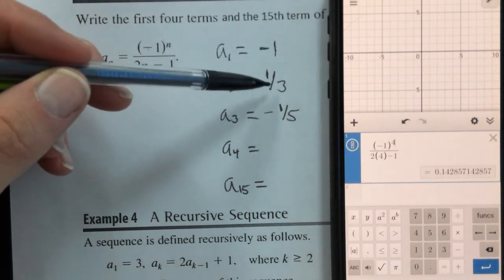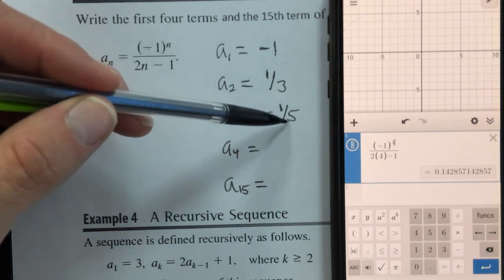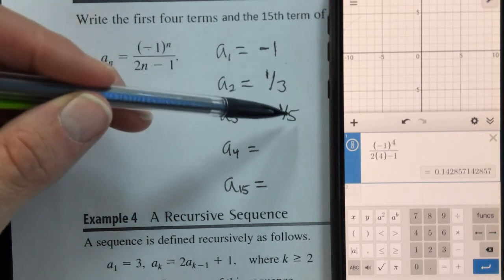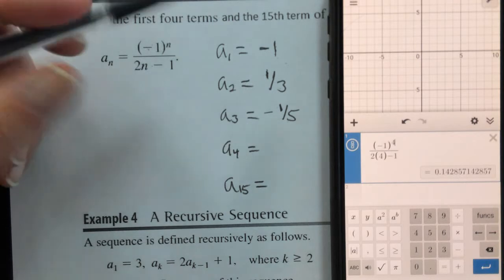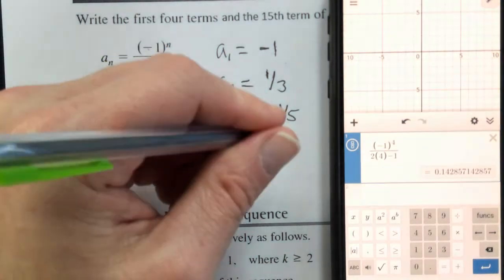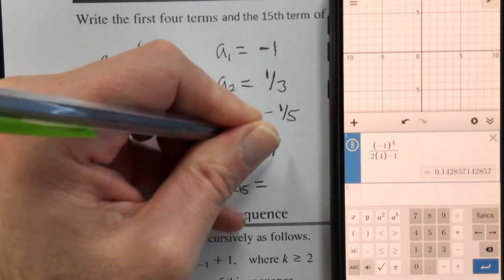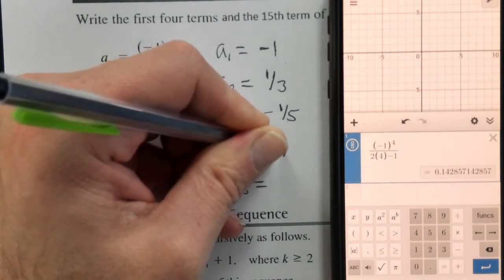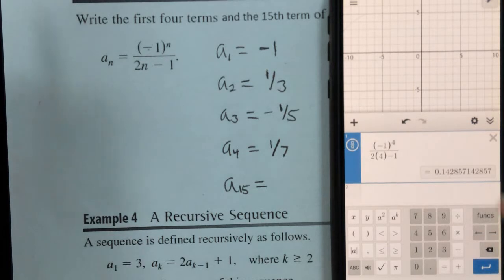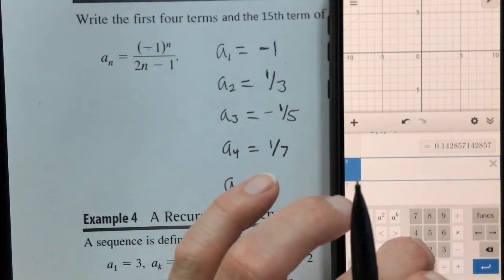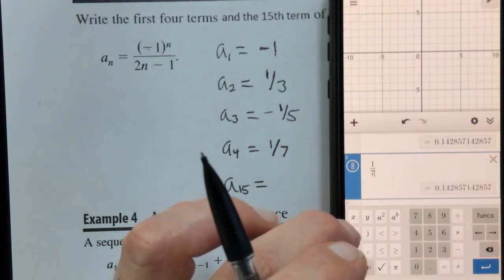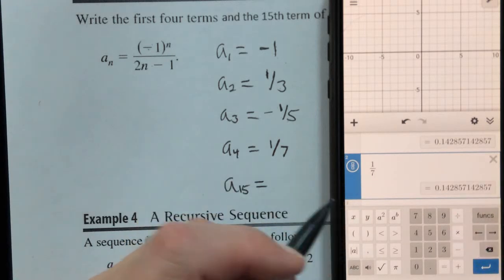This is positive 1 over 3, negative 1 over 5. What's happening to the denominator? Going up by 2 every time. And so if you were just to make a guess at what this decimal would be, I would bet that you would say negative 1 over 7. And we can double check that and see if we're correct. 1 over 7. And it is the same decimal.